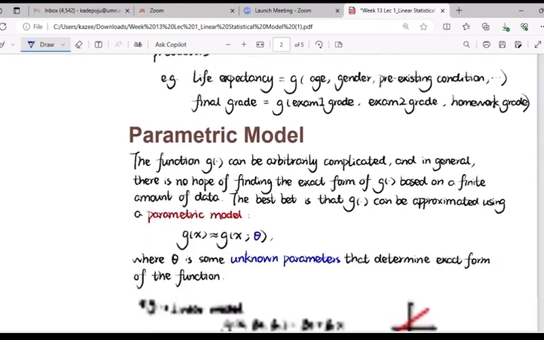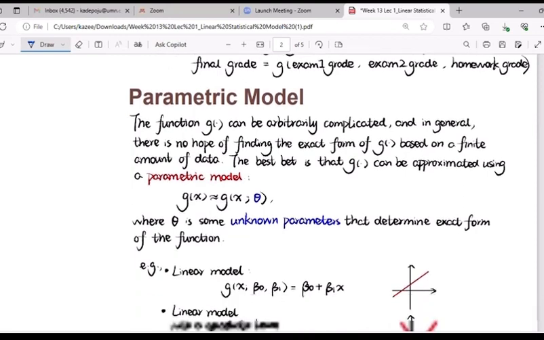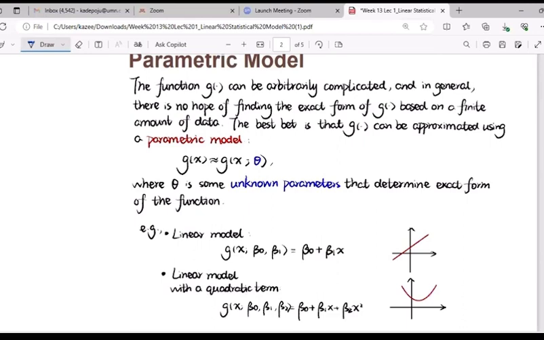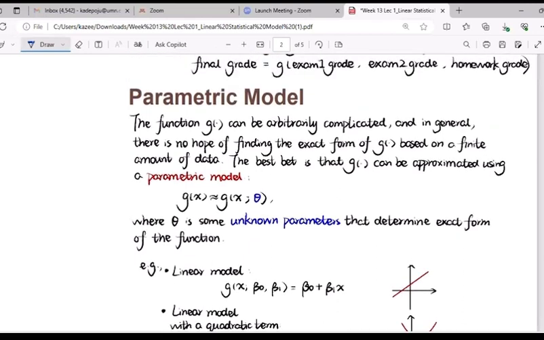Now, let me tell you this. Whenever we want to pursue a relationship within a statistical framework, our function is going to be parameterized. The same way a probability distribution is a function of parameters, every probability distribution is a function of parameters, then your model is also going to be a function of parameters. Because there is a parameter in it, that makes it a parametric model.